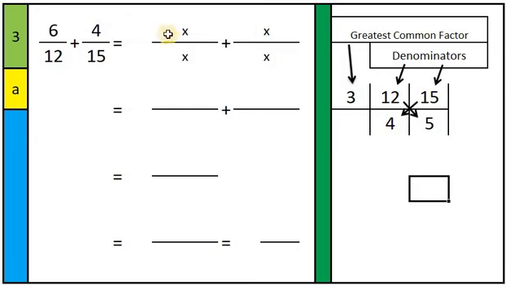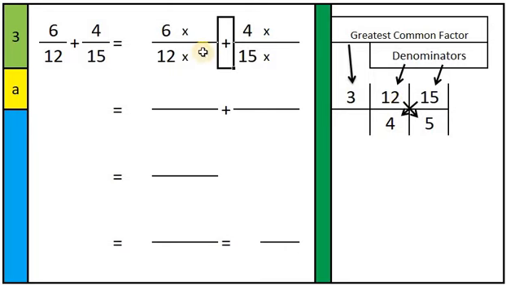So let me just show you again. Let me do it over here. First fraction, and then second fraction. Now, 12 multiplies with 5, so we need to multiply this side with 5. The denominator multiplies with 5, so the numerator must also be multiplied with 5.